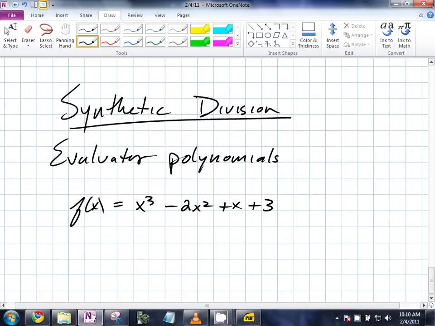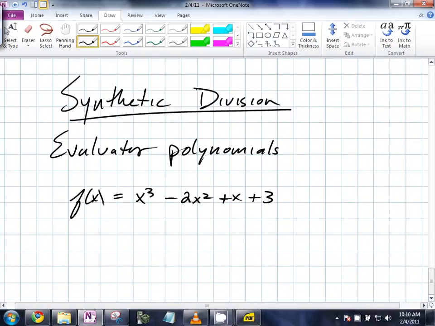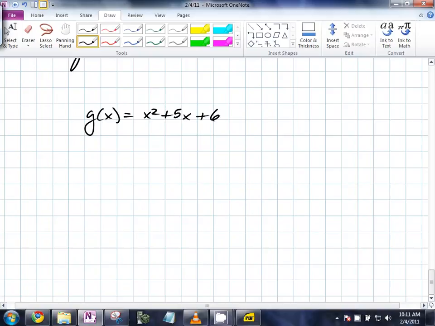Well, let's look at a simple one. How about g of x is equal to x squared plus 5x plus 6? If I wanted to find the zeros of that polynomial, we know that that's equal to x plus 2 times x plus 3. That's a quadratic, and it roughly looks like this.